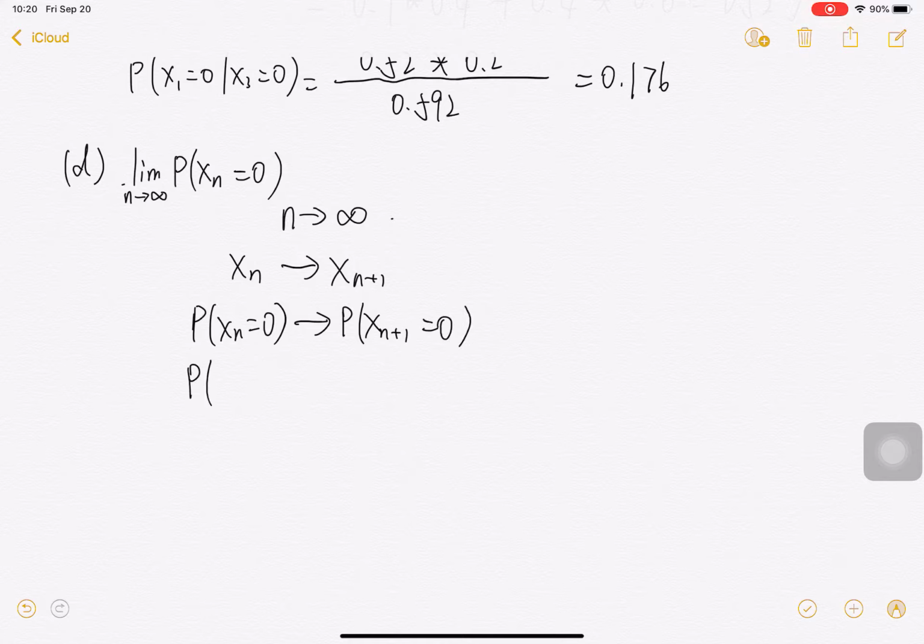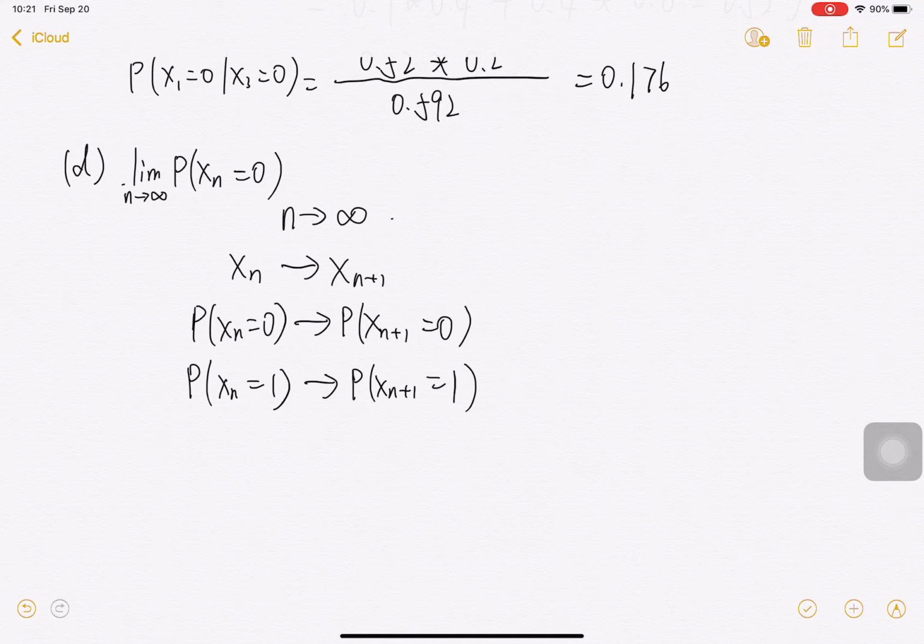And the probability of xn equals 1 is also close to the probability of x(n+1) equals 1. Right? This is a natural thing, because when n is super large, the signal would be almost the same, they would not change a lot.